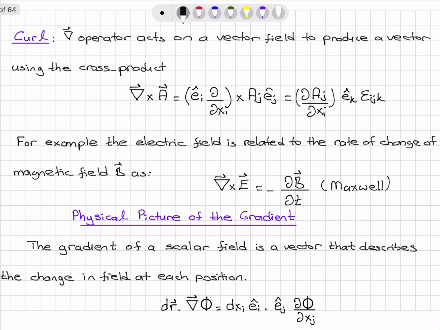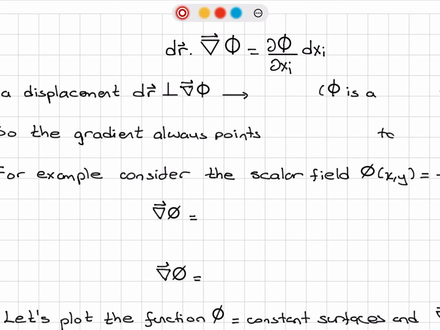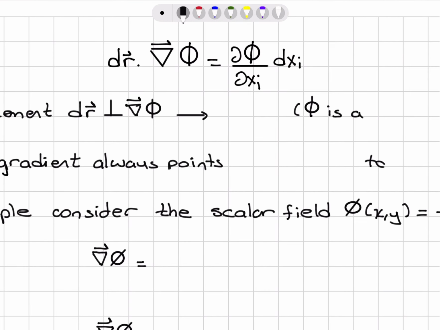If we go back here, we had dxi, ei hat dot ej hat is delta ij, so this becomes delta xi, therefore we have del phi del xi dxi. And what is this? We're taking the partial derivative with respect to xi, multiplying it by small changes in xi. This gives us the change in the scalar field phi at that point. So this is going to give us d phi.